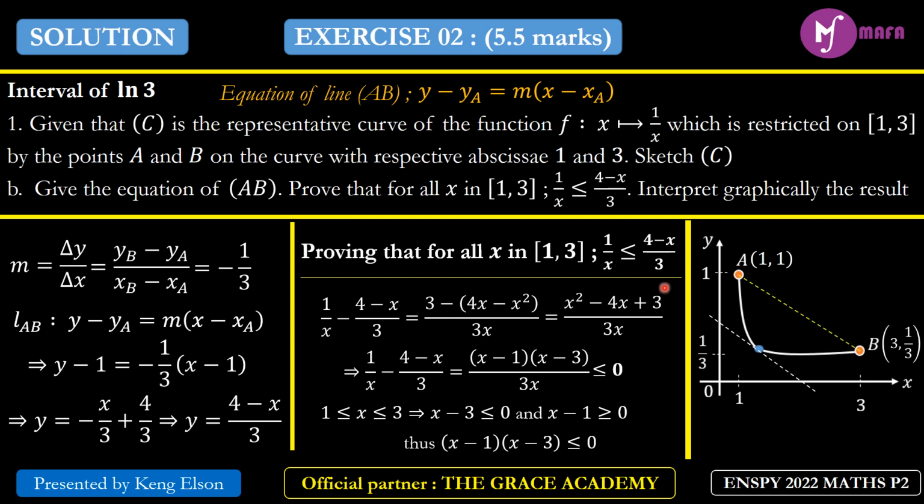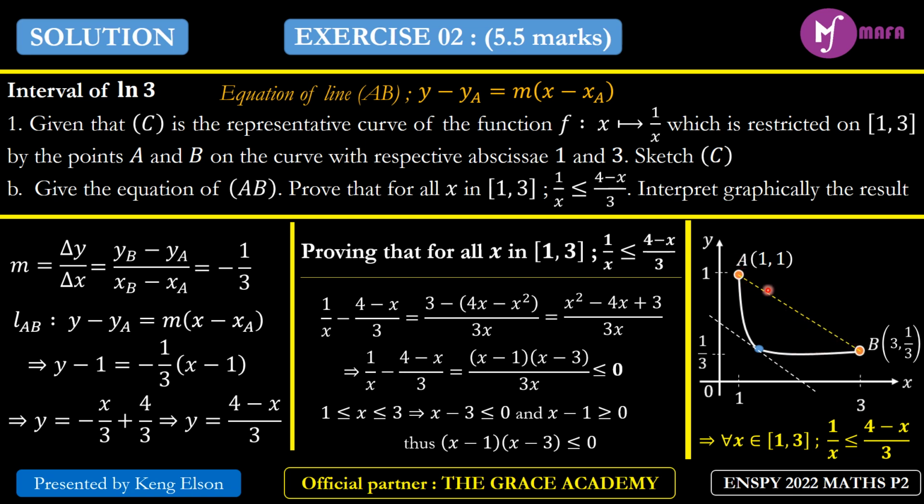So in conclusion, for all x in the interval 1 to 3, 1 over x is less than or equal to (4 minus x) over 3. So this is the equation of the line AB, and we can graphically interpret this result as that the line AB is always above the graph of the function f. You can clearly see it from the graph.